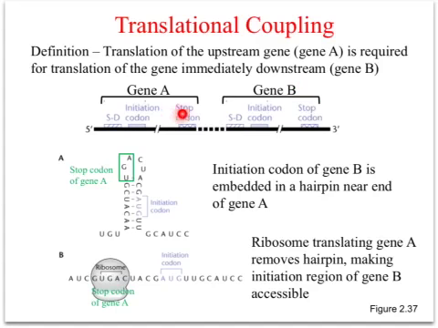So we have two genes, one transcript. Each gene has its own Shine-Dalgarno sequence, its own initiation codon, its own stop codon.